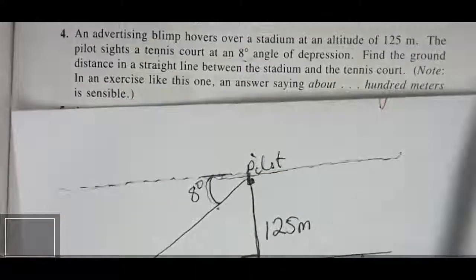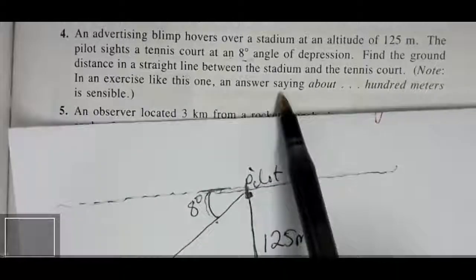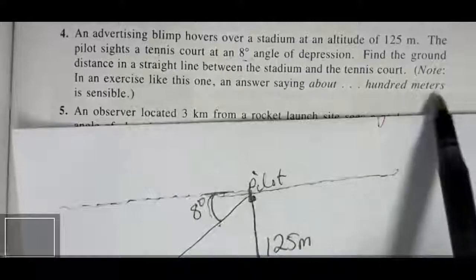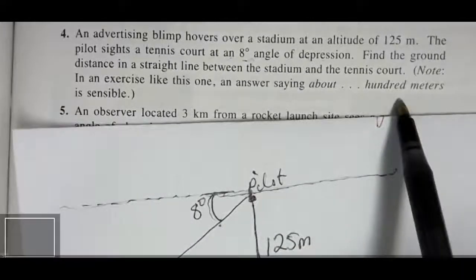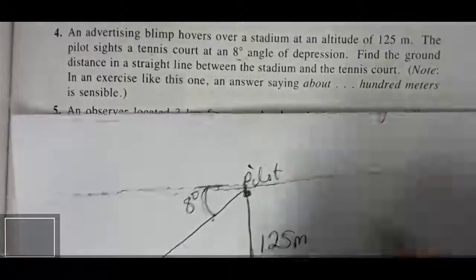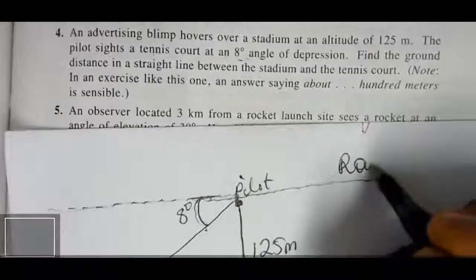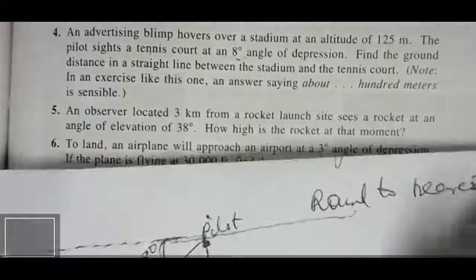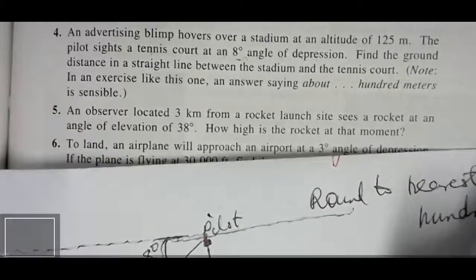It asks us to note in the exercise that we round to the nearest 100. So we keep that in mind. Round to the nearest 100. All right, now we have our picture.